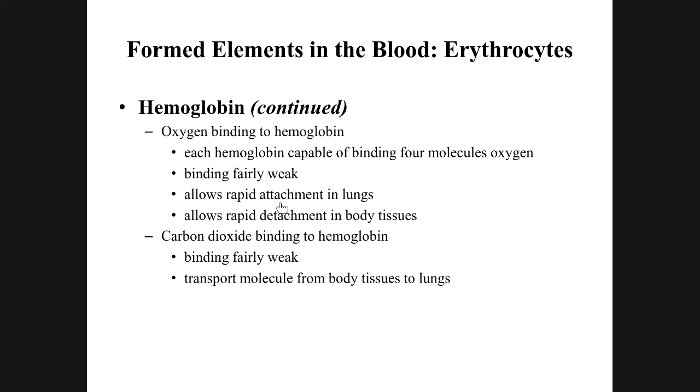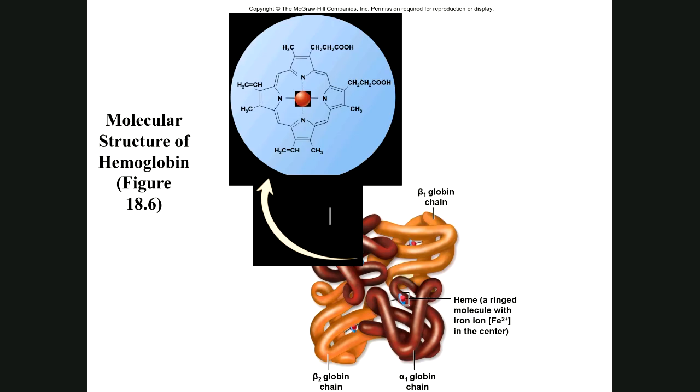It's got less than 2 seconds of time in the lungs. And then we can allow that to detach when we get closer to the body tissues because they want that oxygen to stay alive. Same kind of thing with carbon dioxide. It's fairly weak too. We can bind CO2 from the tissues and take it to the lungs to be gotten rid of.